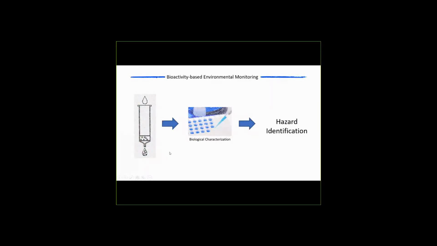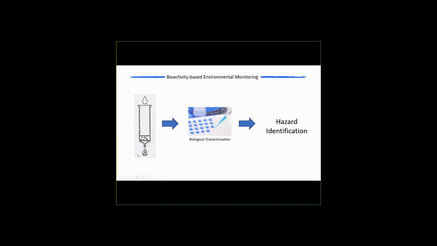Another area where the AOP framework has been employed productively is in the area of bioactivity-based environmental monitoring. So if we go out to collect a water sample or a sediment or an air sample, we can extract chemicals from that. Some of those chemicals we can quantify using analytical methods, but other chemicals we may not have standards for, we may not have the proper methods for, or we may not understand exactly how these chemicals are going to interact in a mixture.